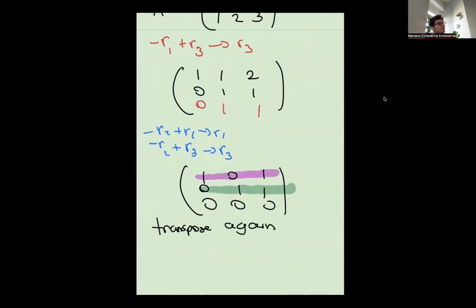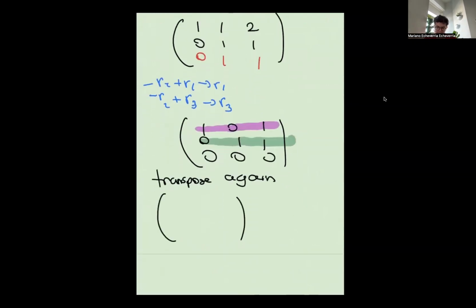In a sense, doing the transpose is just to do the row operations; you can undo the transpose at the end of the process if you want. So this is 101. These two non-zero columns would make a basis for the column space.